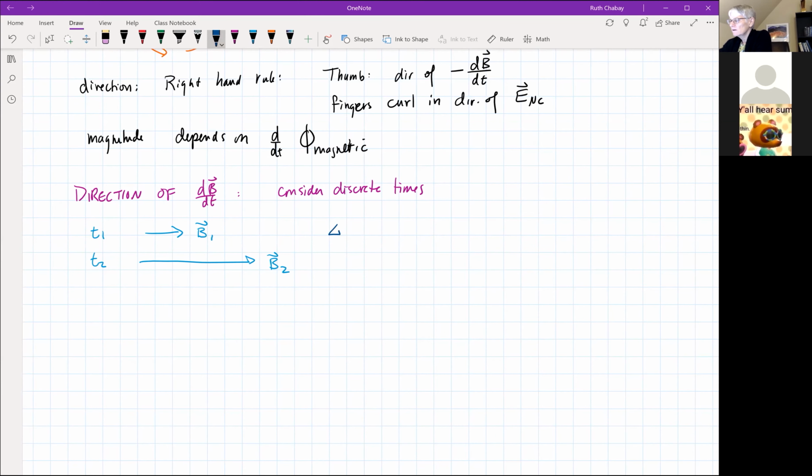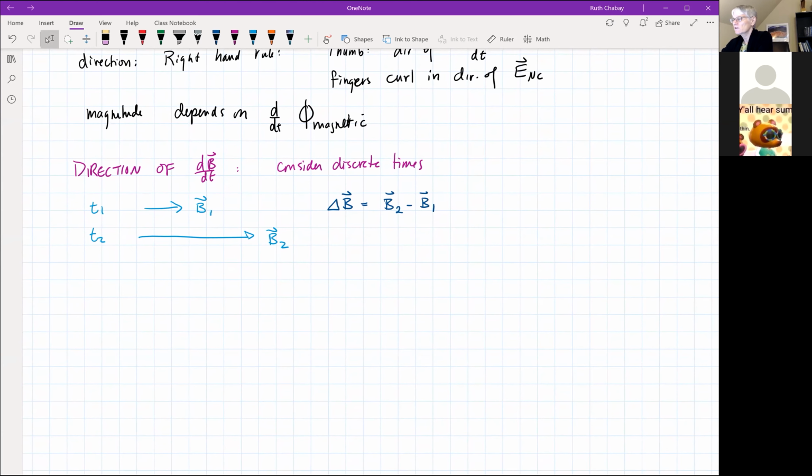To get the change in magnetic field, that's just going to be B2 minus B1. And remember that to subtract vectors, we put them tail to tail. So what we would do is draw these vectors tail to tail. It's hard to subtract collinear vectors graphically because it's hard to draw them. You have to offset them slightly.